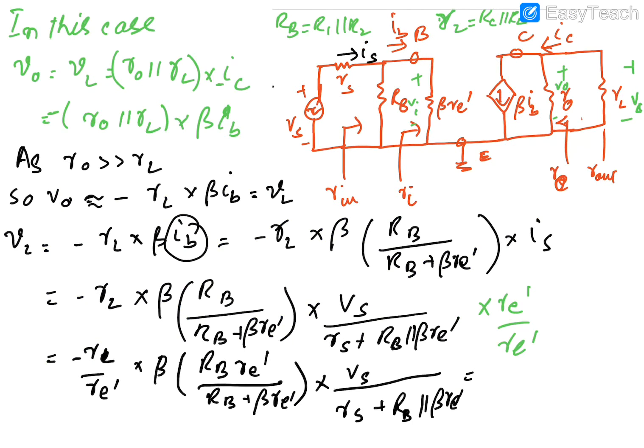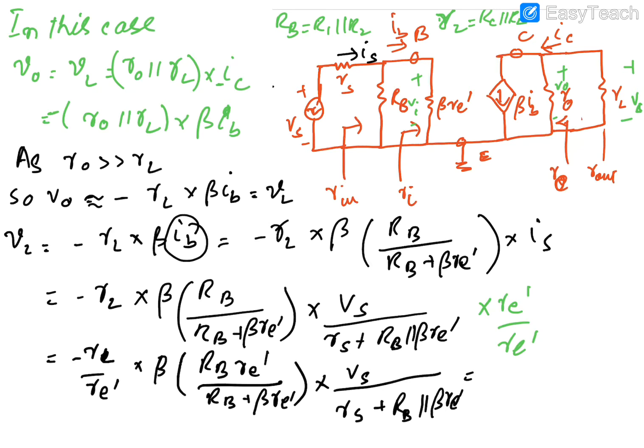Next we have to find the overall gain for the same circuit. Previously we found the open loop voltage gain. Now we have to find the overall voltage gain. In this case V naught and VL are the same.